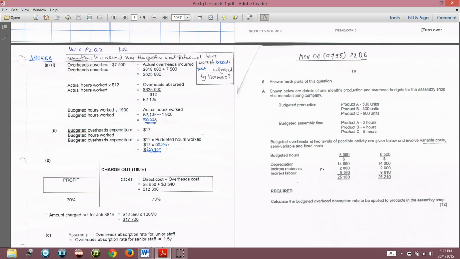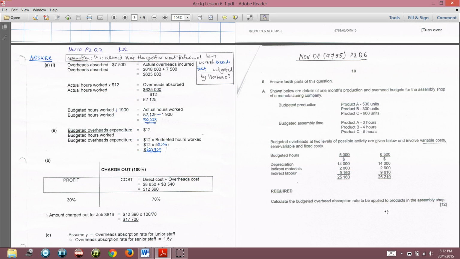Variable cost is like direct material cost. So they are saying that overheads can include variable overheads and fixed overheads, and the overheads here include variable overheads, semi-variable, and fixed costs.